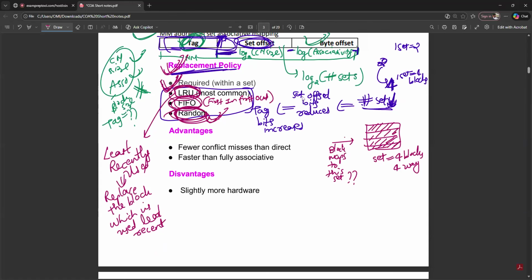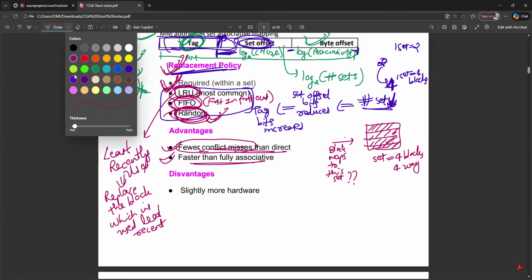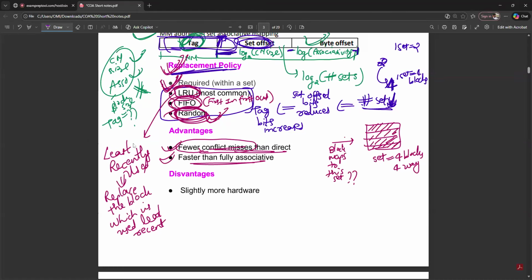Now there are some advantages. Here there are fewer conflict misses than direct mapping, and it is faster than fully associative. Why does it have fewer conflict misses? Because a set contains many blocks, so a block can be placed here or here or here, and there is no conflict.